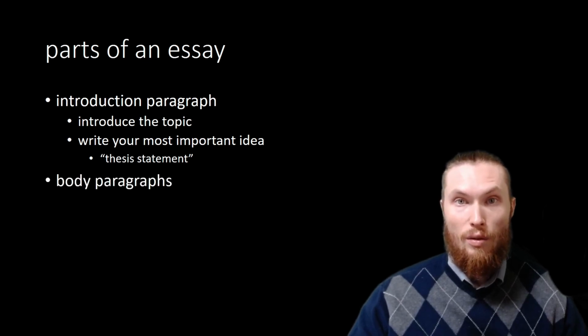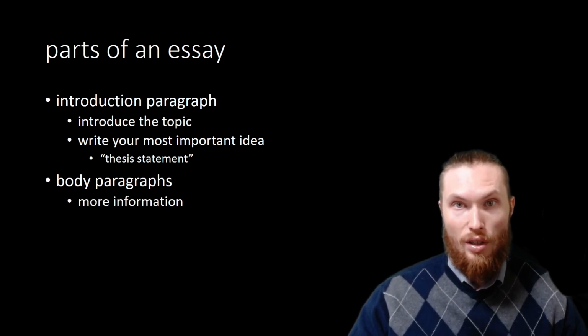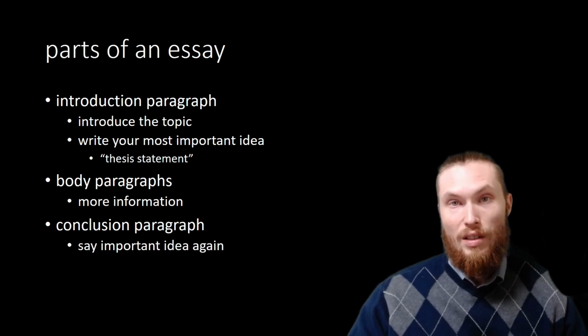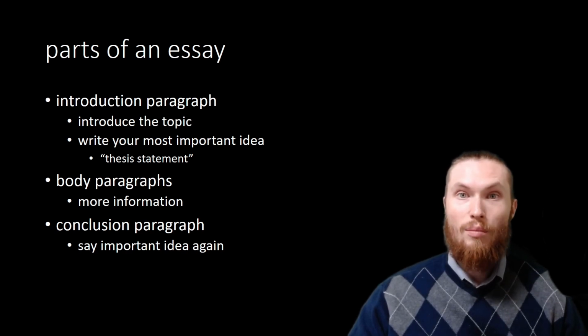Next, you should write some body paragraphs. These body paragraphs give more information about your thesis statement. Finally, there's a conclusion paragraph. In this conclusion paragraph, say your important idea again. Okay, let's look at each of these types of paragraphs in more detail.